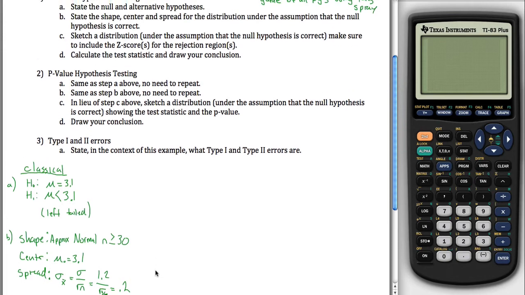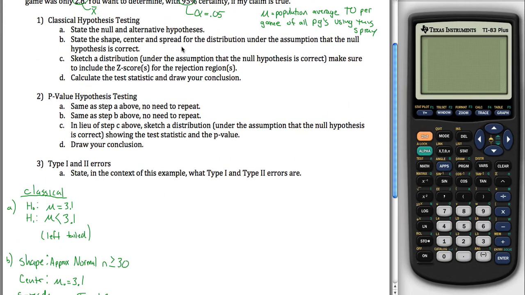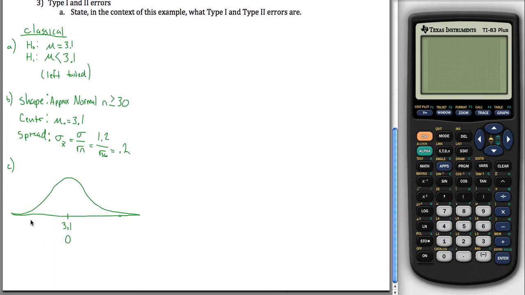And then what I want to do is create my rejection region. I want the total area of my rejection region to be 5%, and this is a left-tailed test. So I want to pick some value over here that makes all this area here 5%. So this right here is equal to 0.05. Because the total area of my rejection region, there's just one because it's a one-tailed test, is 5%.